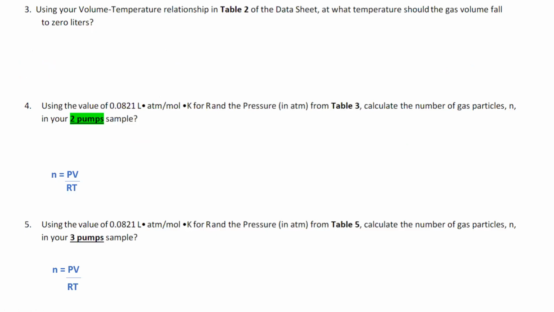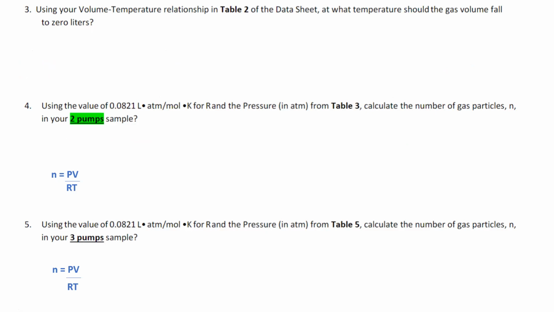The next question is sort of a theoretical question. Using our volume temperature relationship in table 2, at what temperature should the gas volume fall to 0 liters? So this is not something that you can see directly using the simulator because we weren't able to ever get the volume to be 0 liters.